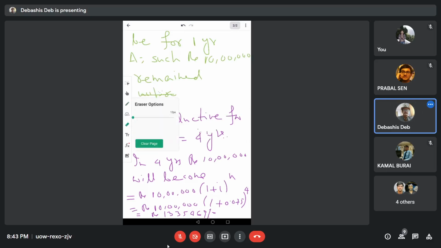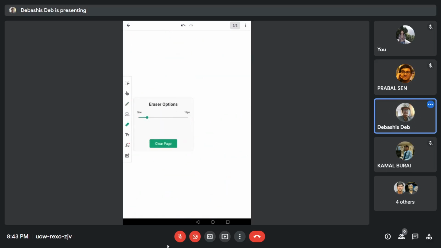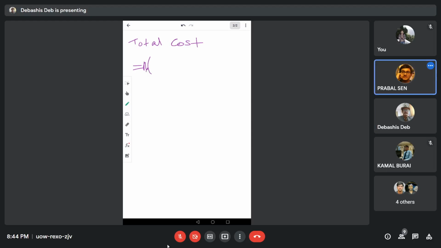So now I can write total cost of the first case, against the purchase price. Purchase price. 14 lakhs 69,000.